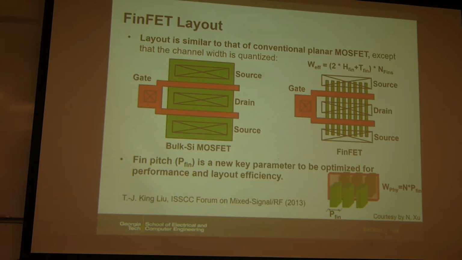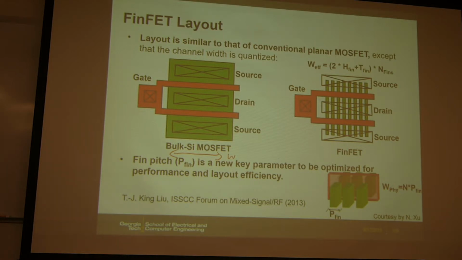So you look at this layout of a conventional planar bulk transistor, and let's say this is your W. You can define the W as you wish. As a circuit designer, you can define the W as you wish for the conventional bulk transistor, planar transistor.